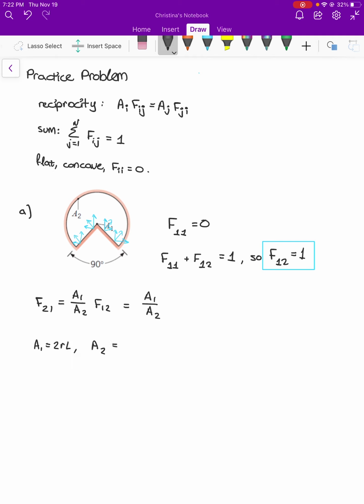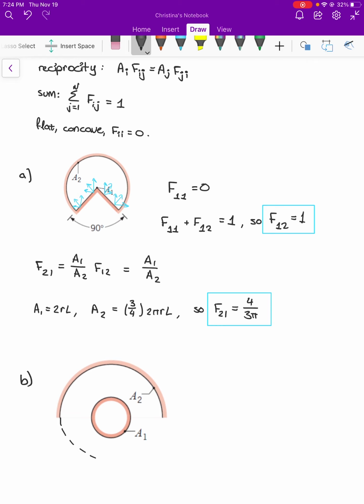For part B, it can be easiest to solve the problem by imagining a third area, A3, which is the other hemisphere, in order to turn the outer surface into a sphere. Since the inner sphere cannot intercept any of its own radiation because it is convex, F11 is equal to 0. Then from inspection, it can be seen that F12 has to be equal to F13 and it's equal to 0.5.